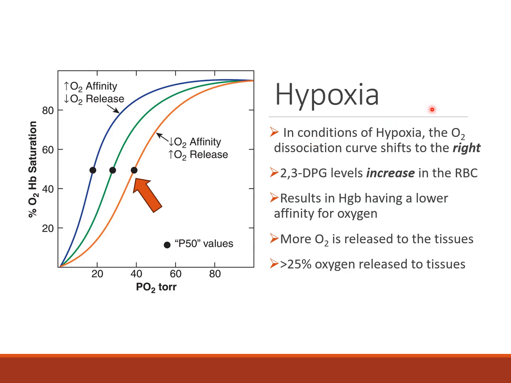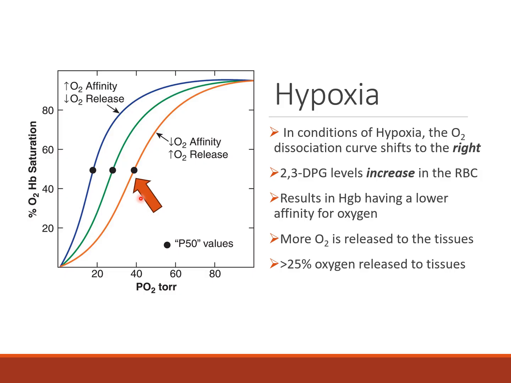So in the condition of a right shift, or in a condition of hypoxia or decreased or insufficient oxygen, the oxygen dissociation curve is going to shift to the right. So we're looking at this red line now. We are first going to see an increase in those 2,3-BPG or DPG levels in the red blood cells.